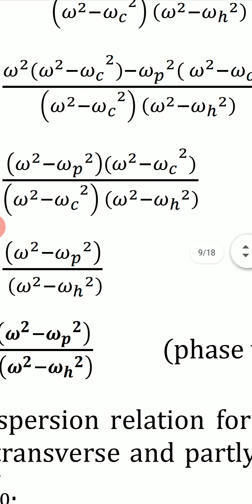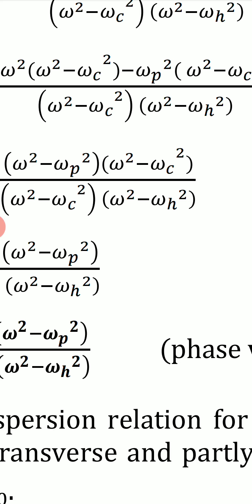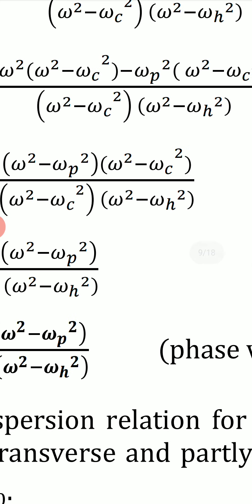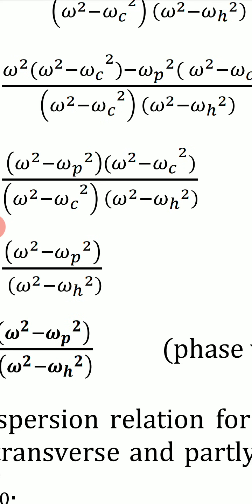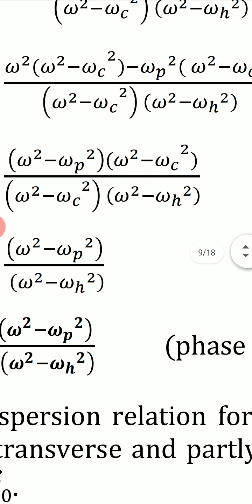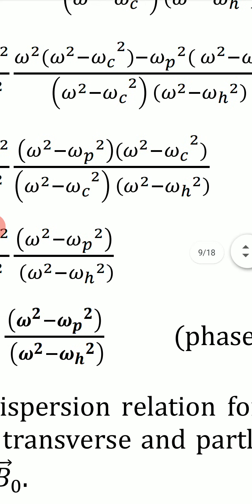Take common omega square minus omega c square. With this we have omega square minus omega p square. With omega square minus omega c square in numerator we have omega square minus omega p square, and in denominator we have omega square minus omega c square into omega square minus omega h square.